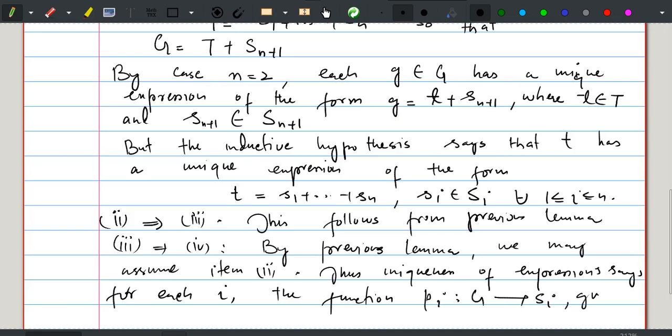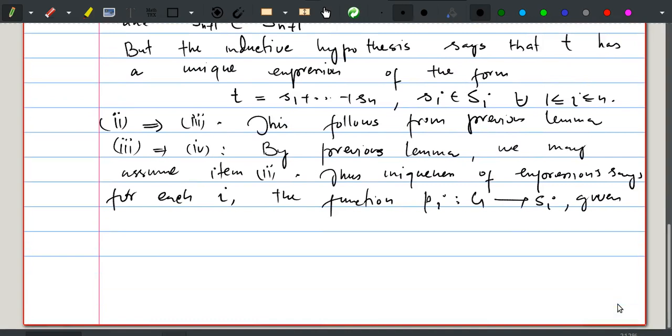This is given by Pi of s1 plus so on plus si plus so on plus sn.